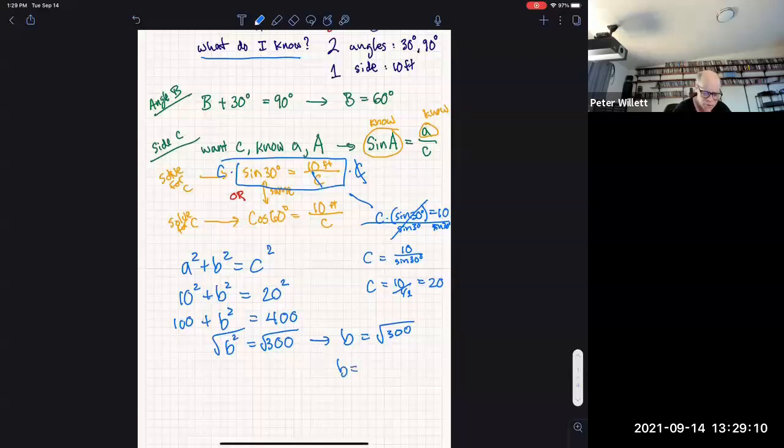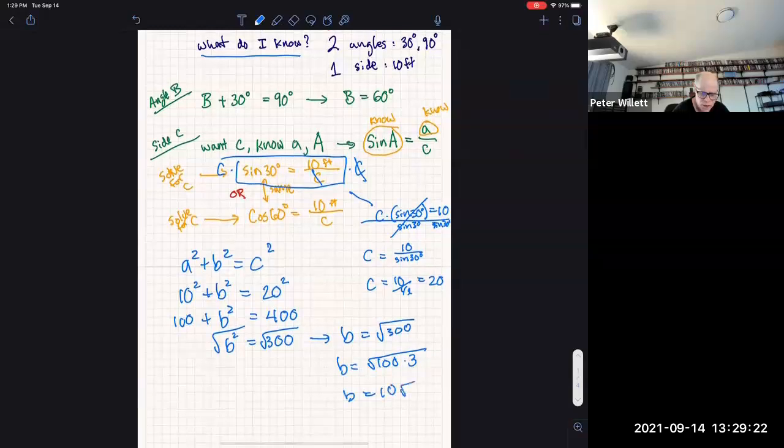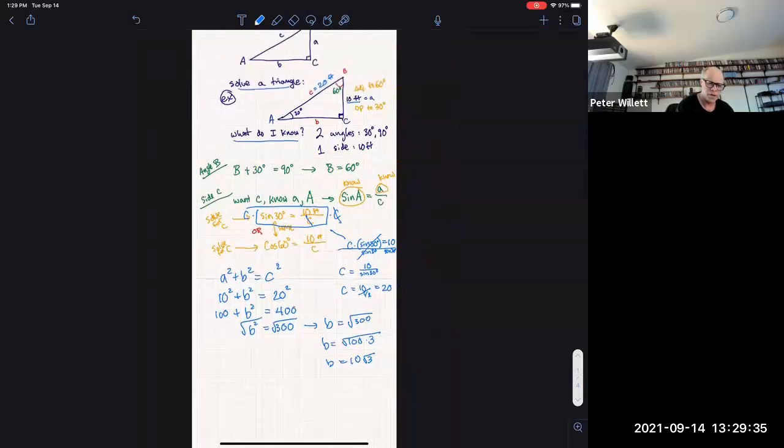This could be factored into the square root of 100 times 3 because 300 is 100 times 3. And then I can take the square root of 100 to get 10 and leave the square root of 3 because that doesn't come out nice. So my final answer for B is 10 times the square root of 3, which again, I could type on a calculator if I wanted a decimal. And that will be in feet.